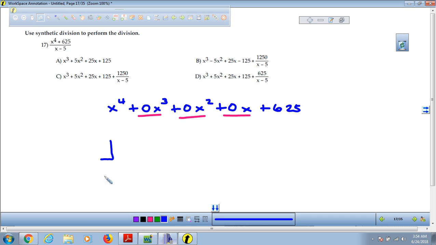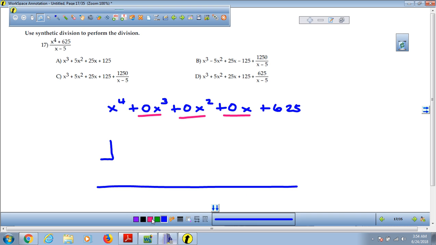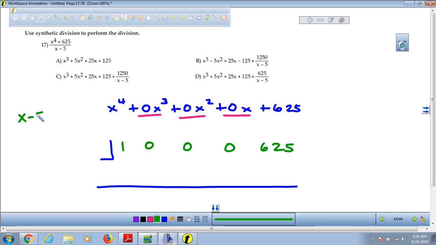So in my synthetic division, we're going to put 1, 0, 0, 0, 6, 25. What number is going to go here? You're going to solve this for x, and that's the value that's going to go here. You just put the 5.